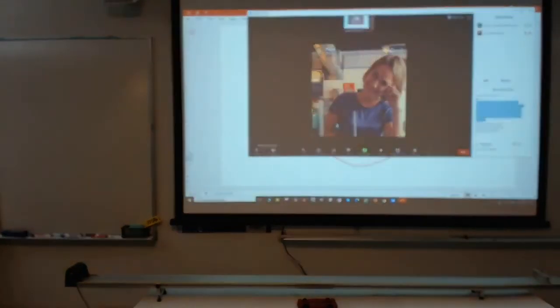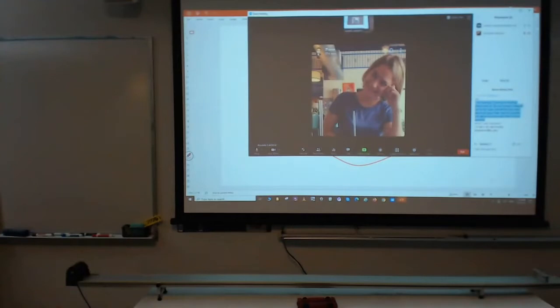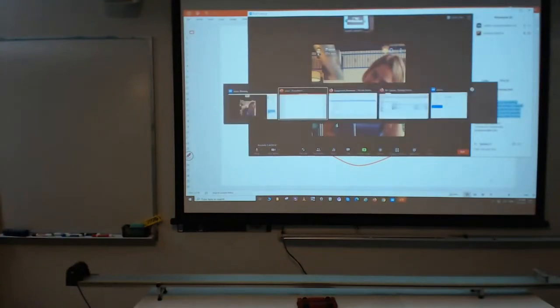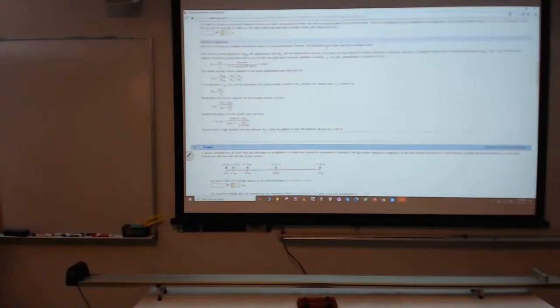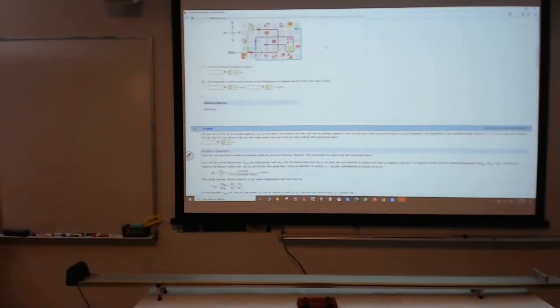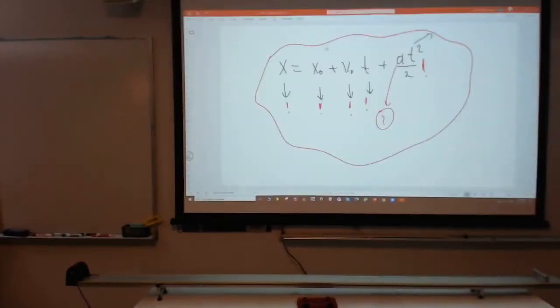And then I was also a bit stuck on number 3. All right. So for this one, I wish I could see your picture because you cannot solve this problem without a picture.